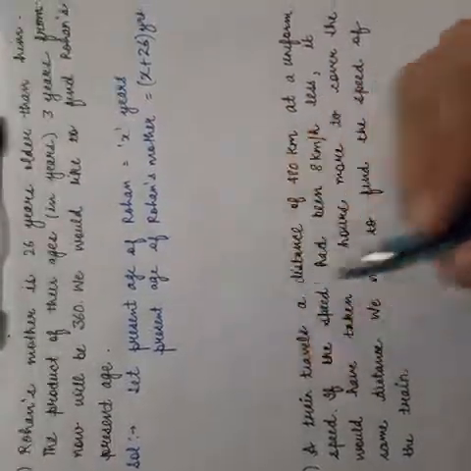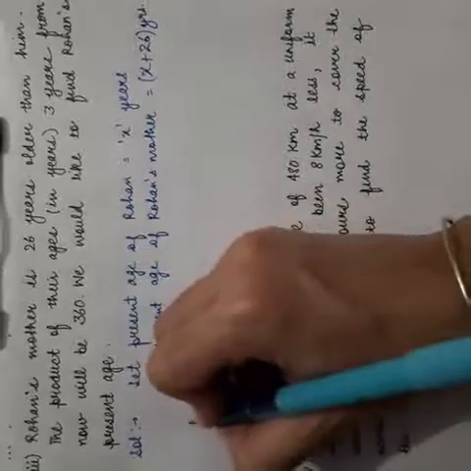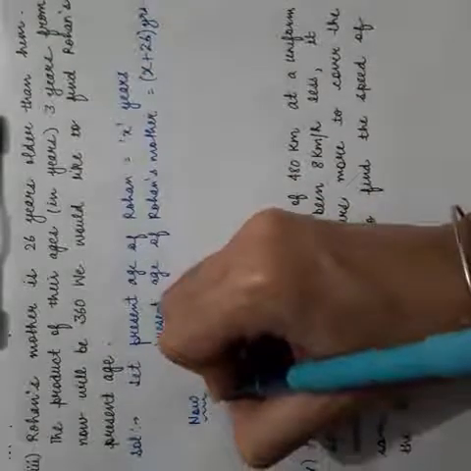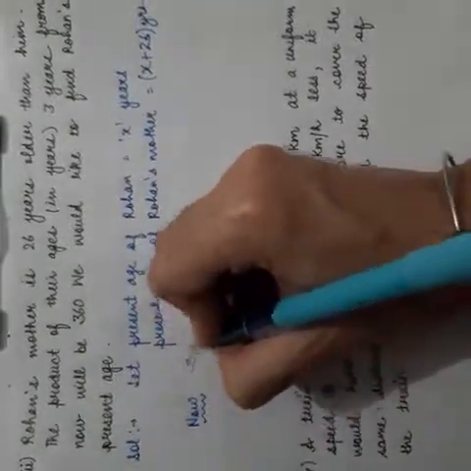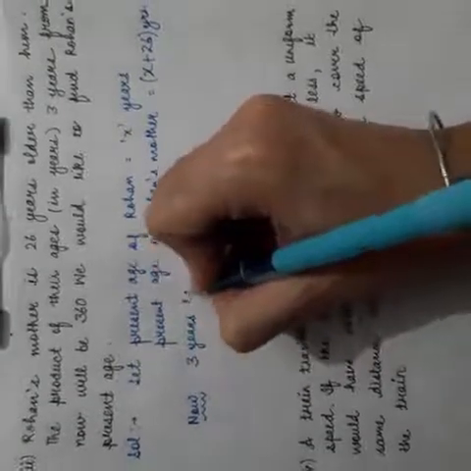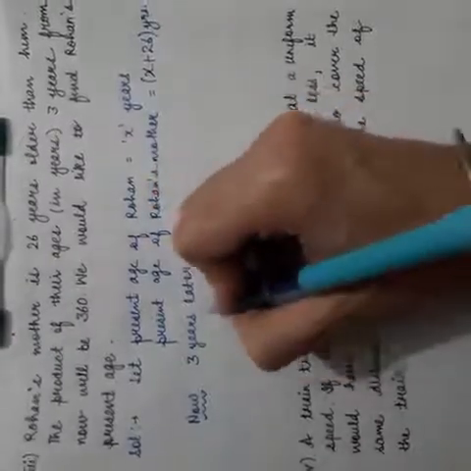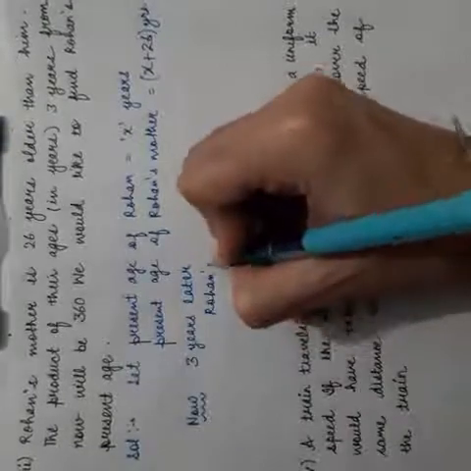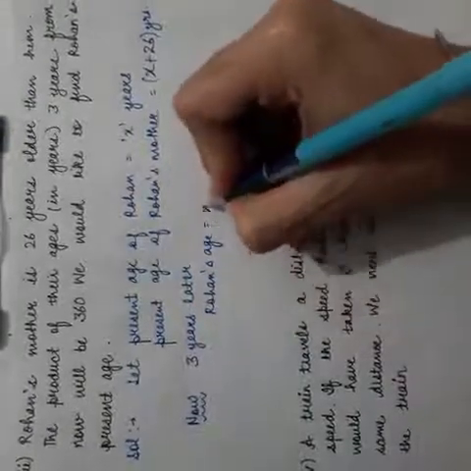The product of their ages 3 years from now. 3 years from now means we are talking about 3 years later. Now if we take 3 years later, Rohan's age will be x plus 3.